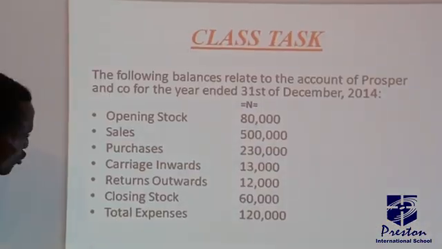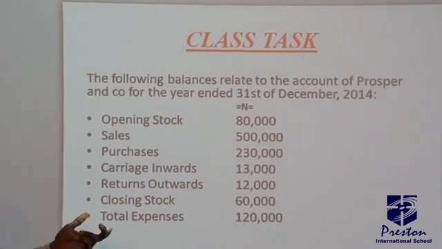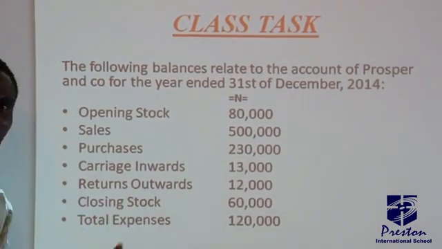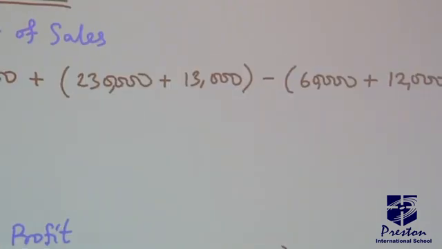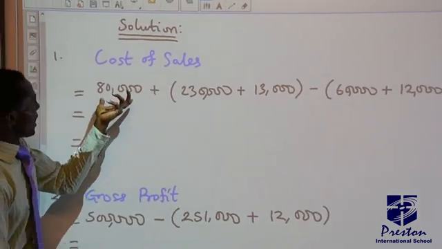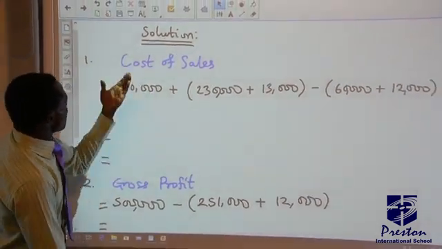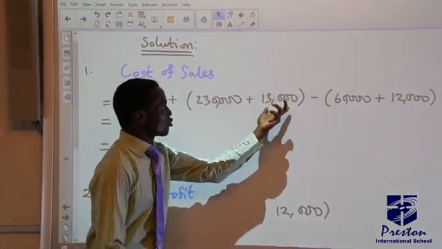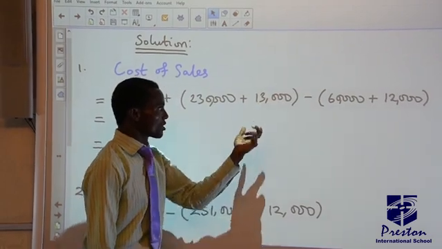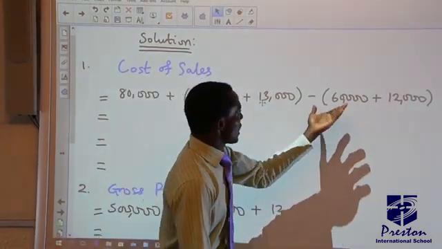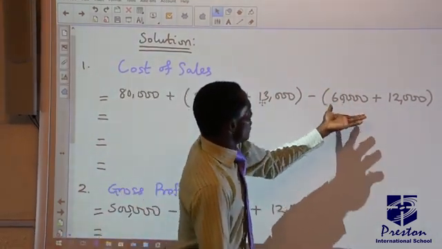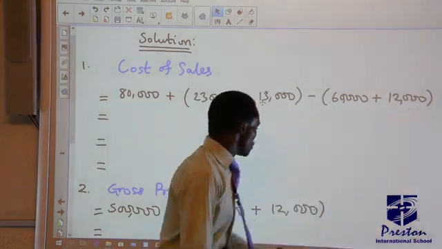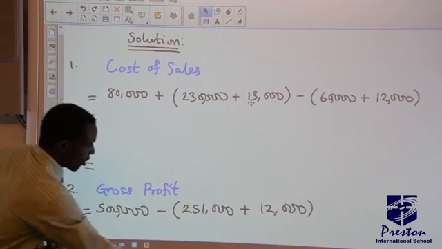Likewise, when we get to the next item, the closing stock, which you must also add to your returns outward. So this is our opening stock, purchases added to our carriage inwards, 13,000 naira. Here we are going to subtract from this our closing stock and our returns outwards.